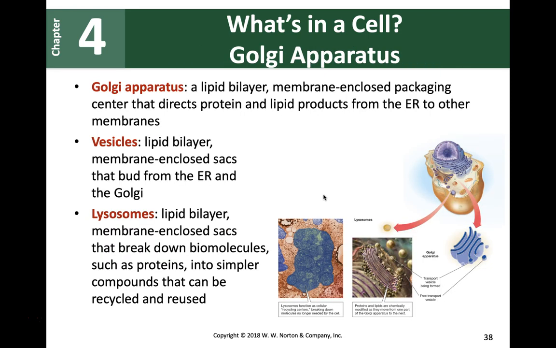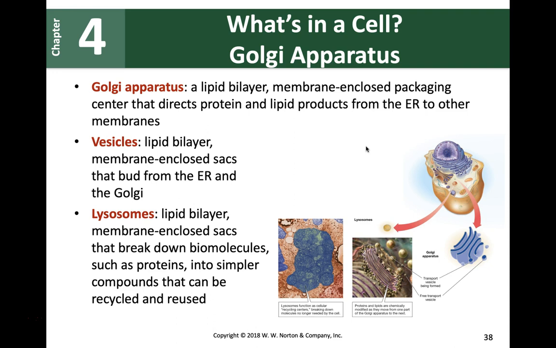Then coming to the Golgi apparatus, guys. If we go back to our main structure that we're looking at, see, this was again the nucleus. This was the ER, endoplasmic reticulum, and then this structure right here is called the Golgi apparatus. It's also called Golgi bodies. Again, this is covered with a membrane, and this actually works as a post office.